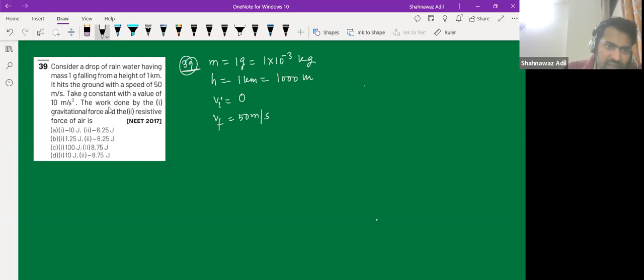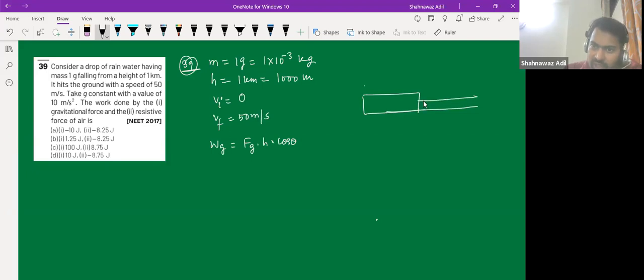So first we have to find out the work done by the gravitational force. Work done by the gravitational force would be the force due to gravity, the displacement, and the cos of theta. If you have a force and you move this object in this direction, let us write in the i and j notation, that would be very easy.